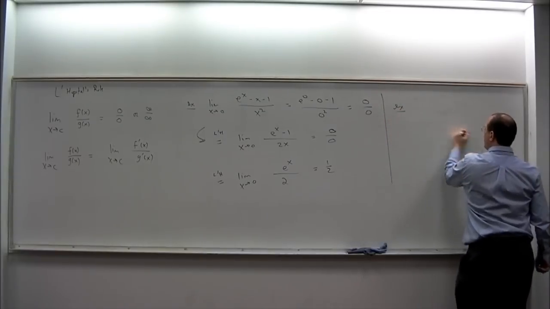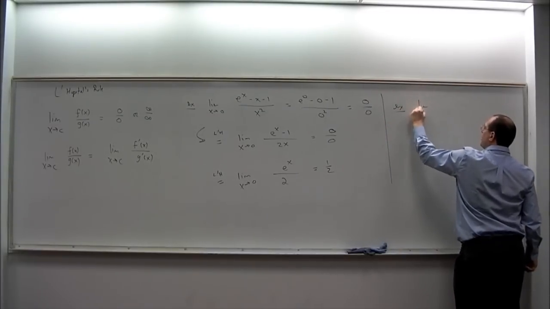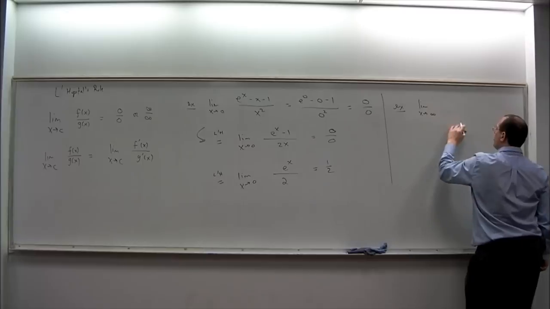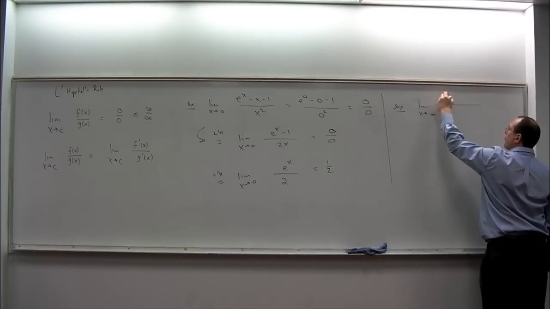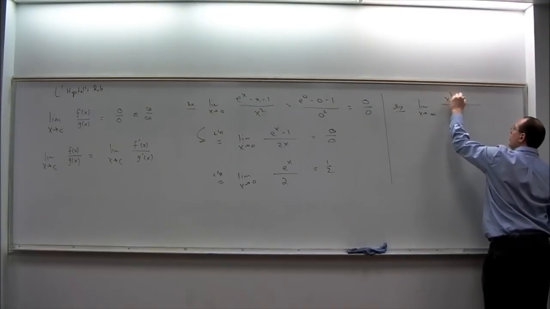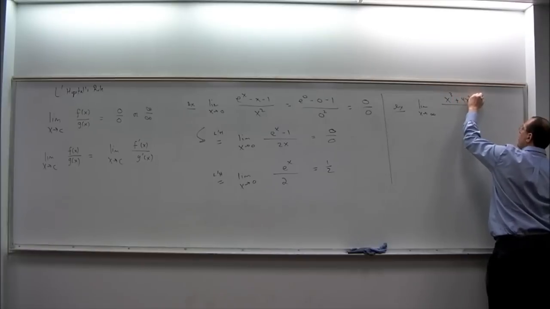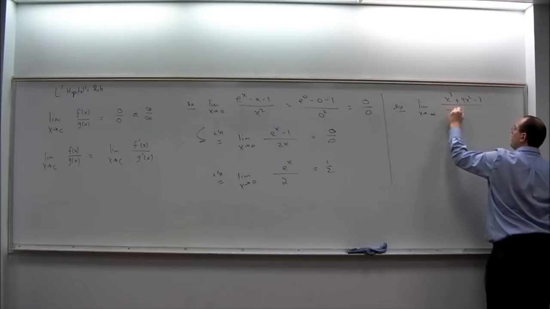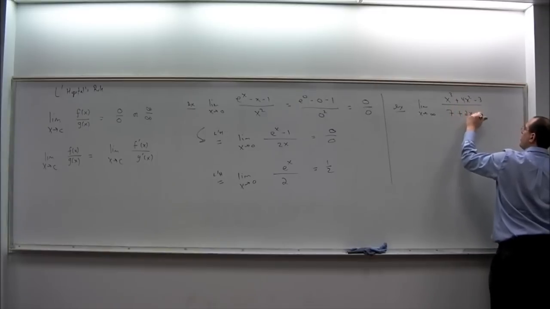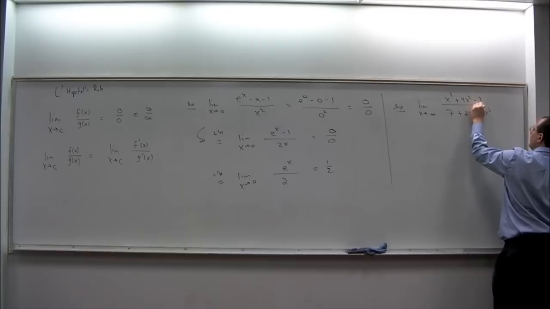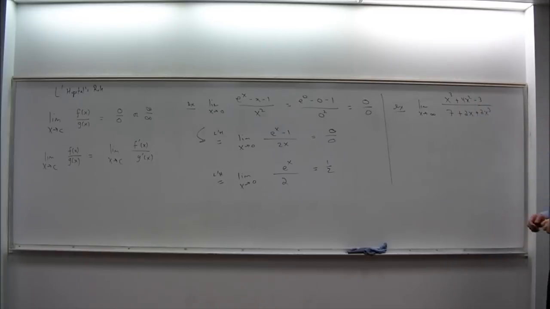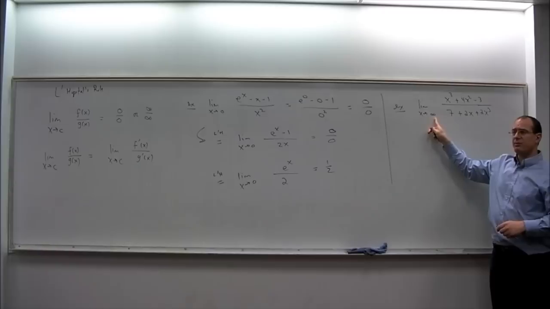Let's look at a couple more examples. Let's calculate the limit as x goes to infinity of a rational function: x cubed plus 4x squared minus 3 divided by 7 plus 2x plus 2x cubed. So this is a rational function here, polynomial over polynomial, and we're looking for a horizontal asymptote.